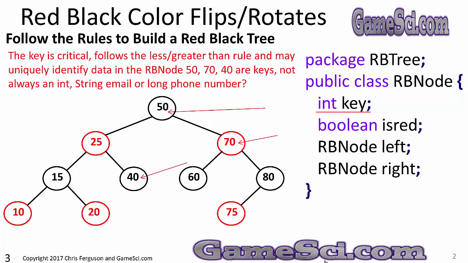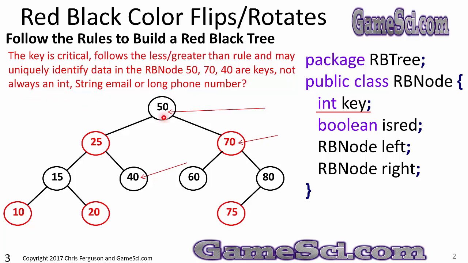Int key. The key is critical. It follows the less than, greater than rule and may uniquely identify data in the RB node. 50, 70, 40 are all keys. It's not always an int. The key could be a string email or a long phone number.